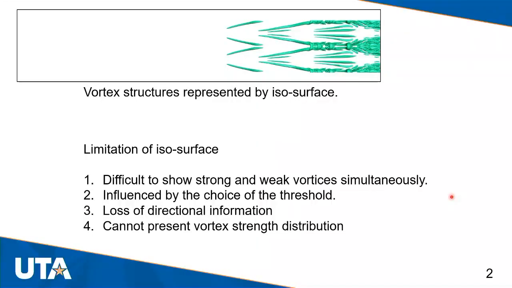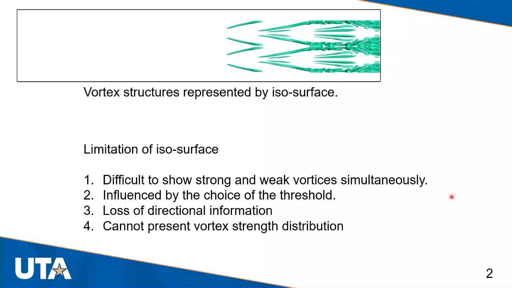So on the screen I show you a figure of Liutex isosurface, and what is the limitation of an isosurface? Well, from an isosurface, usually it's difficult to show strong and weak vortices simultaneously. I think you are familiar with the turbulence transition, right? For the turbulence transition, the first stage does have some span-wise vortex, that's the Tollmien-Schlichting waves.